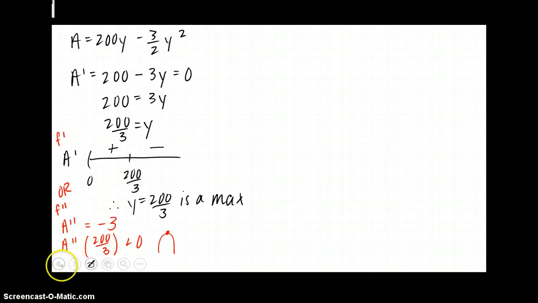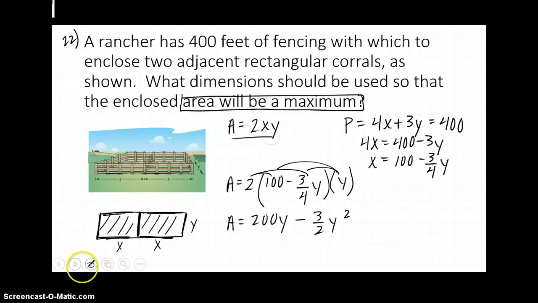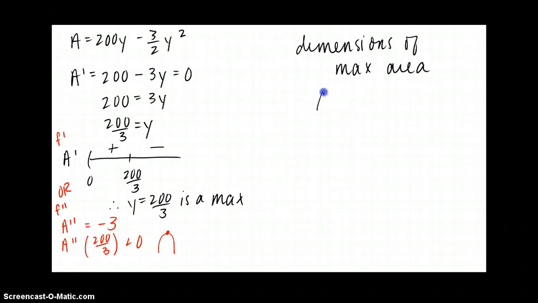Alright, now let's answer the question. So the question was, what dimensions would maximize the area? So we go back to our area equation we determined was 2x times y. And our given information, we know our perimeter of 4x plus 3y was equal to 400.